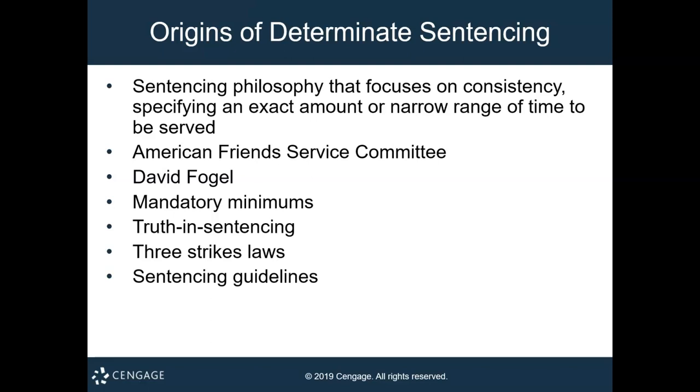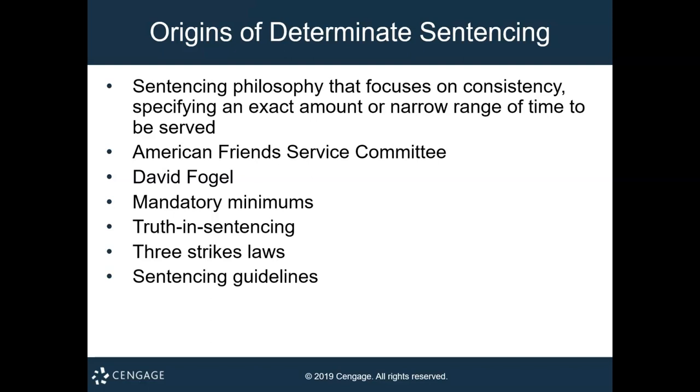So he urged for a narrowing of sentencing and parole discretion. He really wanted to see changes and wanted determinate sentencing to be imposed so that all offenders were treated equally, and that discretion was kind of taken out of the picture.